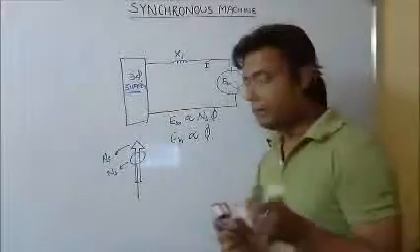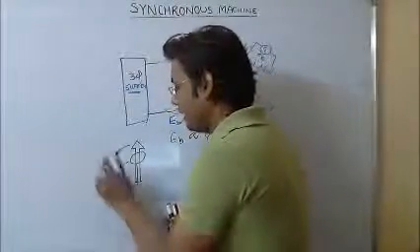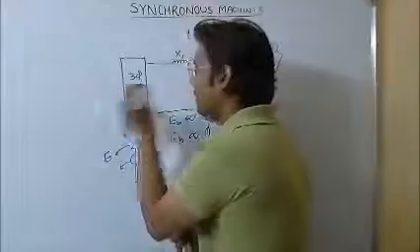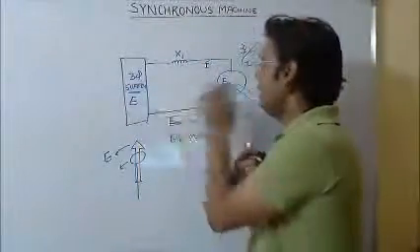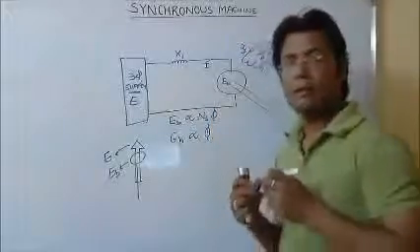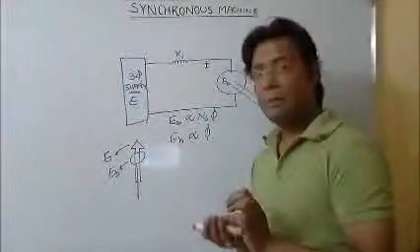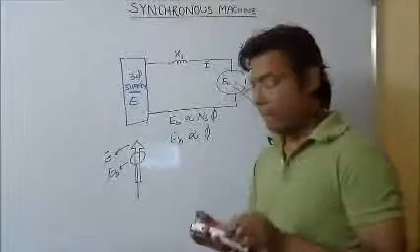So I can have one thing that rather than writing over here, this is the E, which is this E. So this E will be in phase with this EB which is getting produced here. E and EB will be in phase.